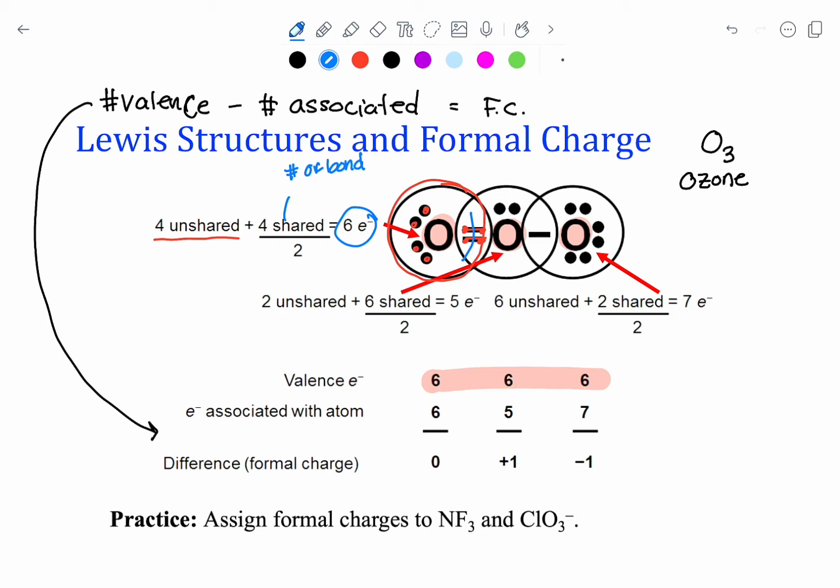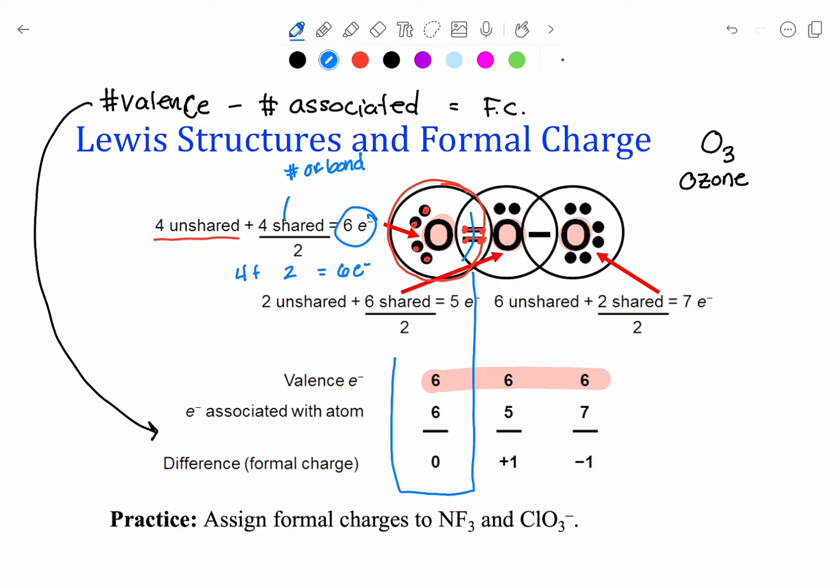Okay, so because this one has 4 electrons wrapped up in a double bond, we divide 4 by 2, so we get 2. Again, just like it has 2 bonds, so we take 4 plus 2. That gives us 6 electrons that are associated with that oxygen. So for this one, I'm going to try to draw a line to show that that's for the leftmost oxygen.